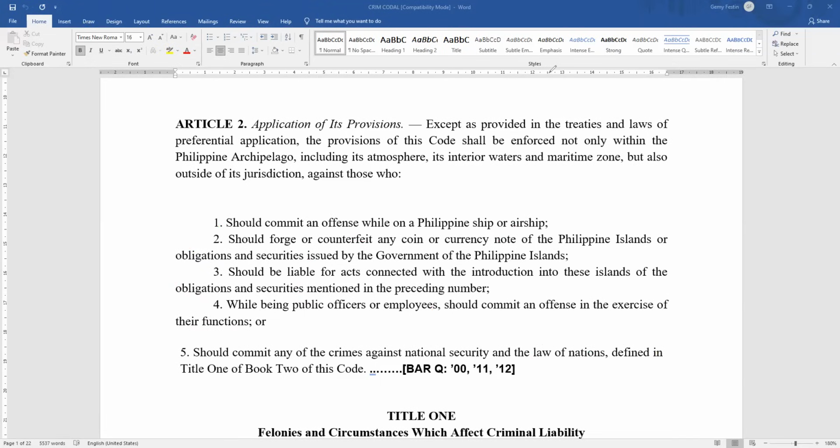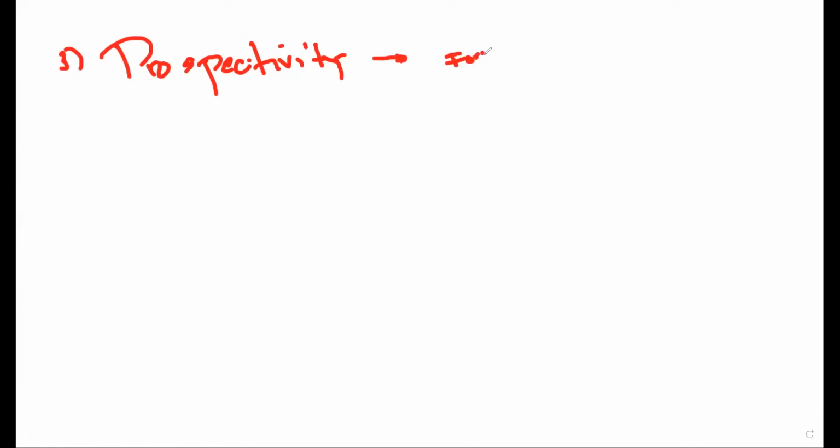Okay, let's go back to the third principle, which is prospectivity. Criminal laws or penal laws should be applied prospectively, or it looks forward.